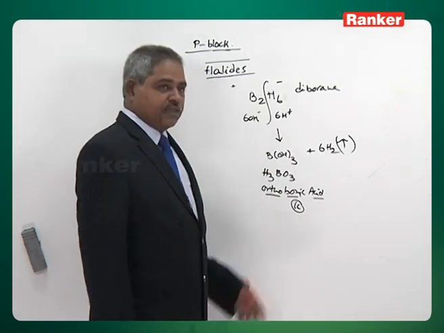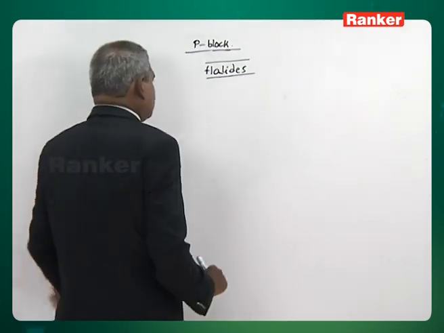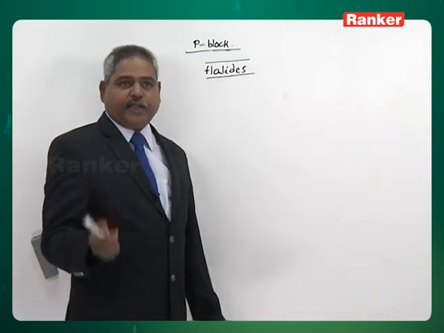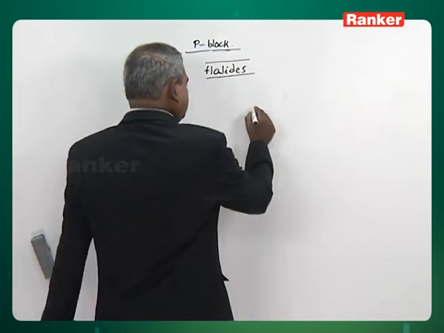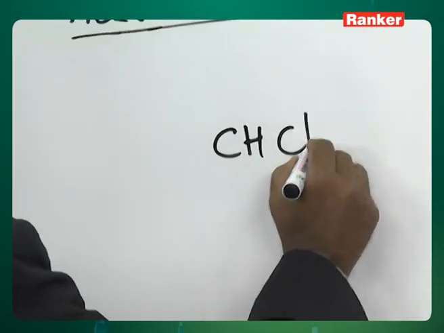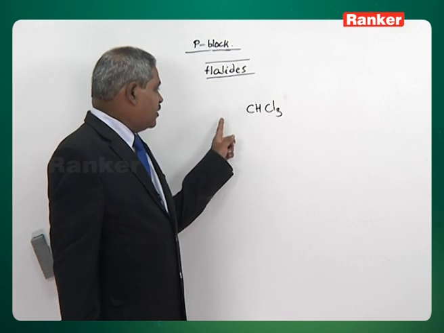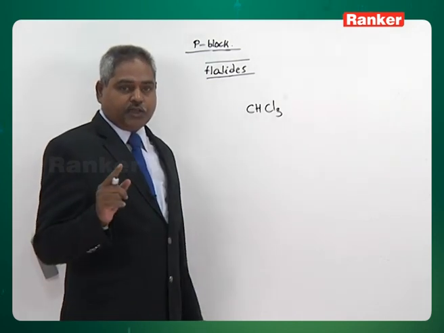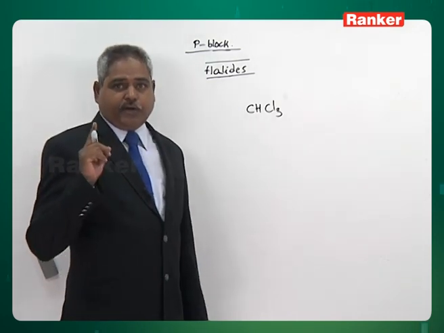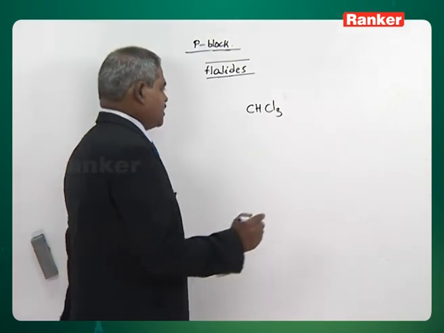Diborane gives boric acid. Now let us extend this logic to some compounds containing carbon. Chloroform, CHCl3. What does it contain? You know the structure. It contains 1 carbon hydrogen bond, 1 hydrogen, 3 chlorines. And I told you, you might have forgotten, carbon hydrogen bond doesn't undergo hydrolysis.